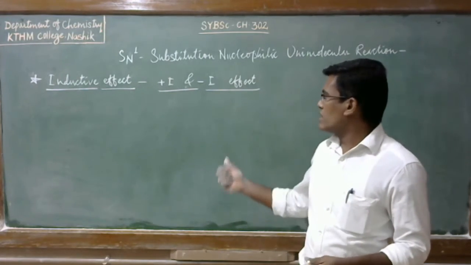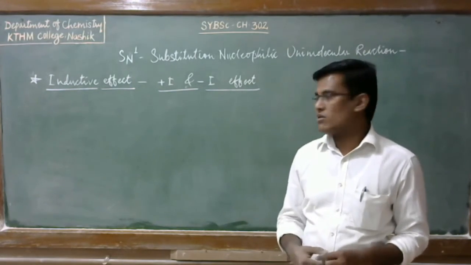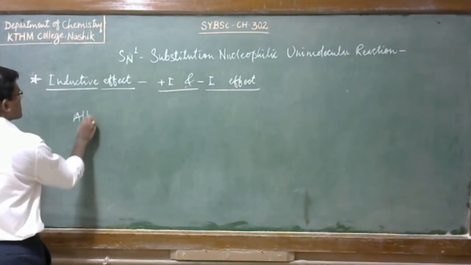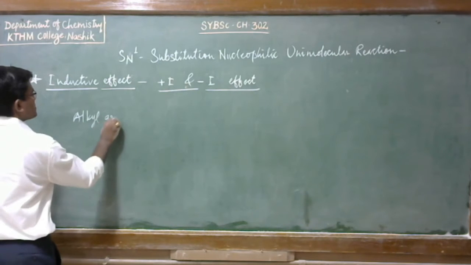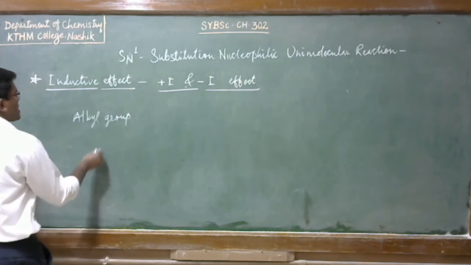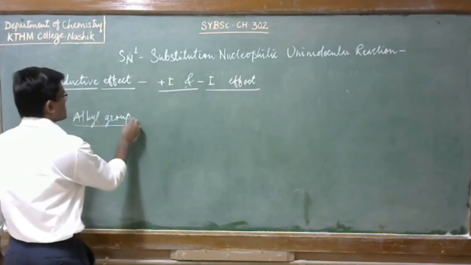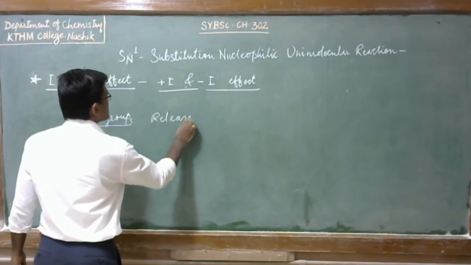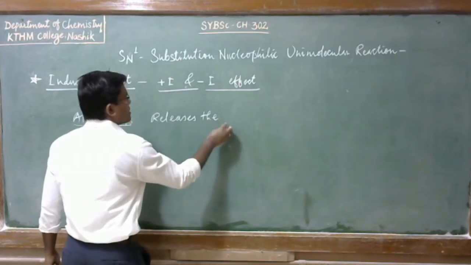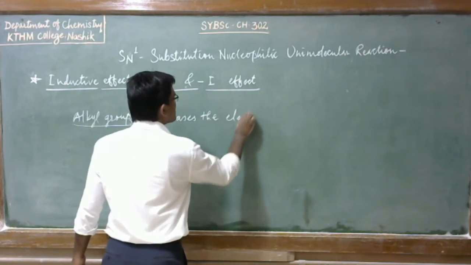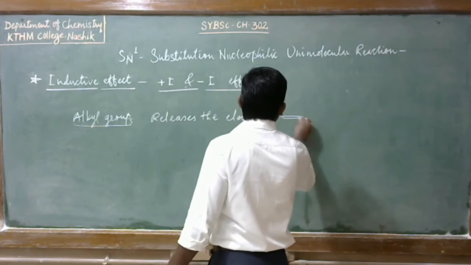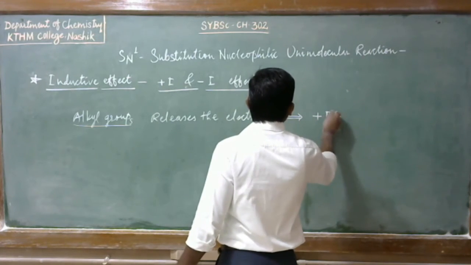Alright. So alkyl groups release the electron. These alkyl groups are the electron donating groups. So they release the electron. That means it shows the plus I effect.